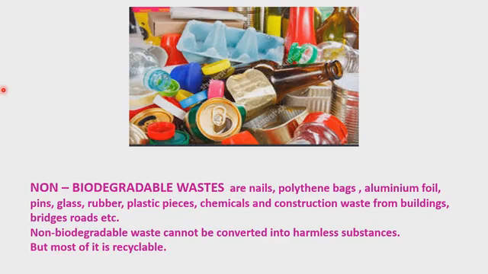Next we'll come to non-biodegradable waste. Children, see this picture. These are all non-biodegradable waste. Non-biodegradable wastes are nails, polythene bags, aluminum foil, pins, glass, rubber, plastic pieces, chemicals, and construction waste from buildings, bridges, roads, etc. At the time of construction, so much waste will be produced, and that waste also comes under non-biodegradable waste.